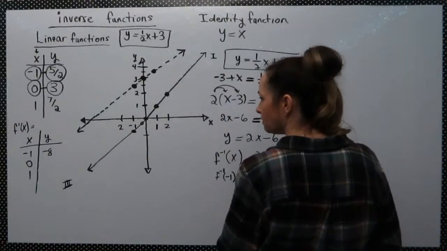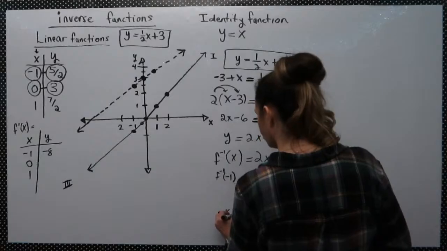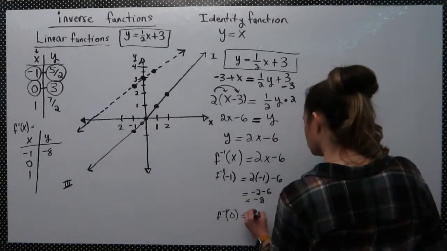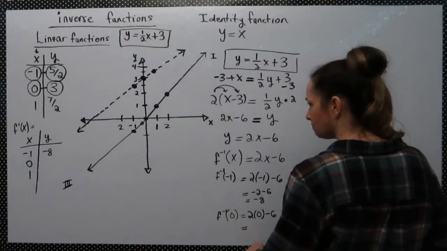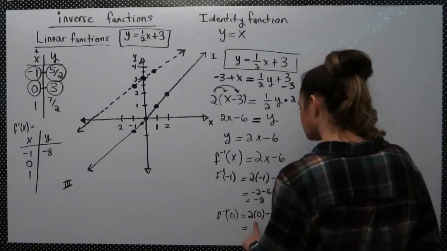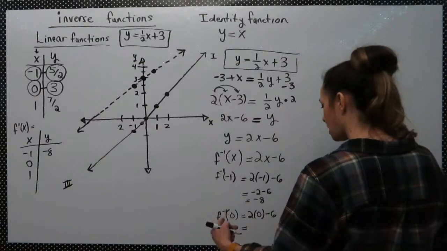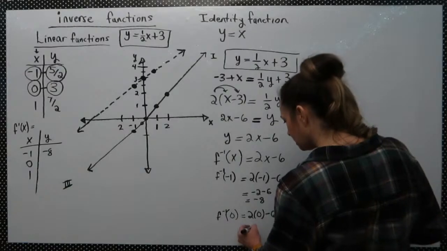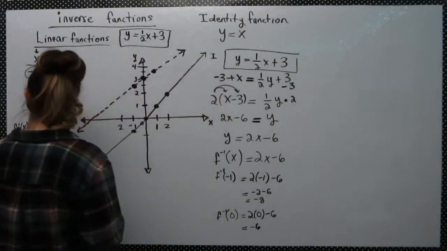So we got -8, and then we've got f inverse of 0. So we're going to say 2 times 0 minus 6, and that's going to give me my y-intercept, okay? Because when x is 0, that's your y-axis. And so that's going to be -6. So that's 0, -6.